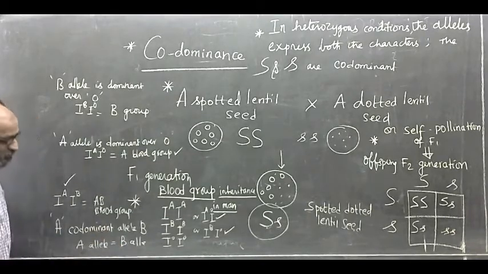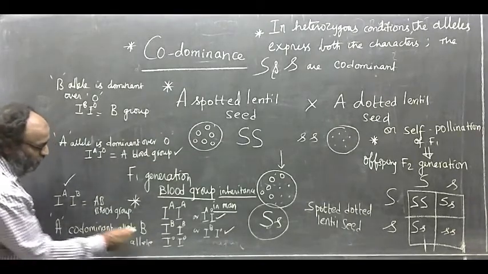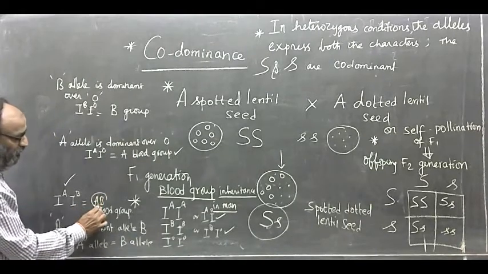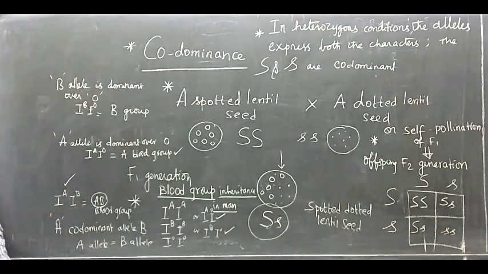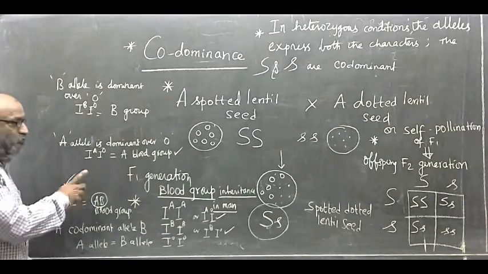They have equal strength of expression. Therefore, the blood group is AB.